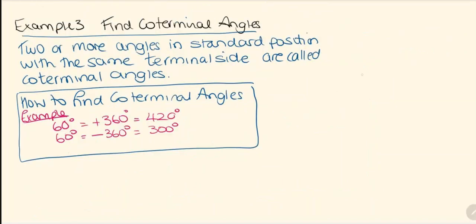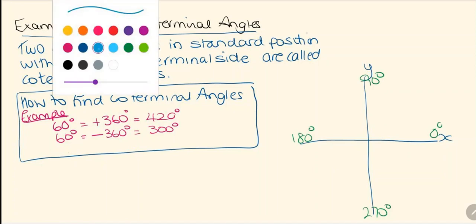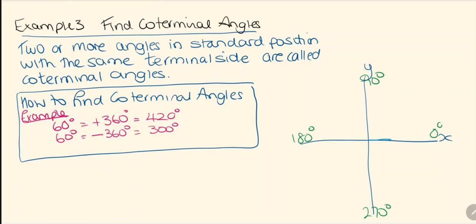So let's have a look at what that looks like. We're going to label our axes and add in the degrees. So we have 0 degrees, 90 degrees, 180 degrees and 270. The angle is going to start here.